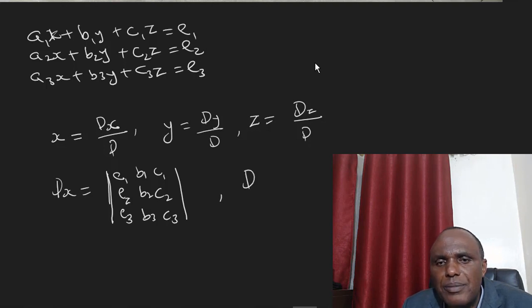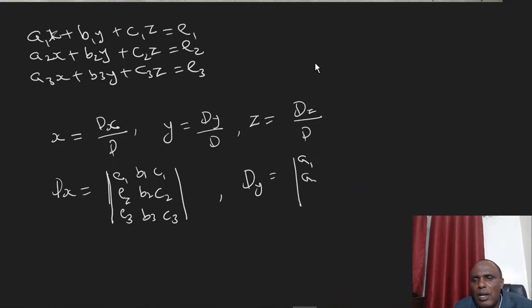Dy is equal to the determinant of this matrix, a1, a2, a3, then e1, e2, e3, then c1, c2, c3.